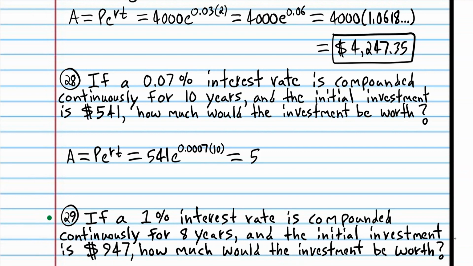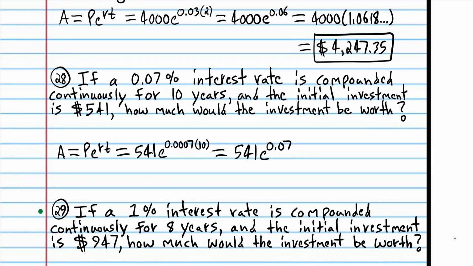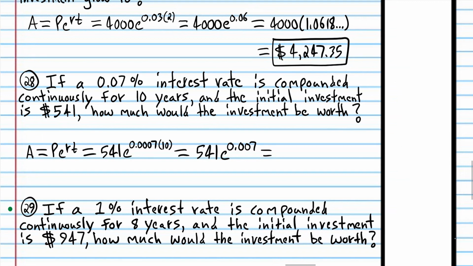Okay, so now we have 541 e to the 0.07. We multiply by, actually that would be 0.007. When you multiply by 10, you just move the decimal one place to the left. And again, we're going to push the blue second button and then the LN button, and then 0.007, enter, and we get 541 times 1.007 and dot dot dot.